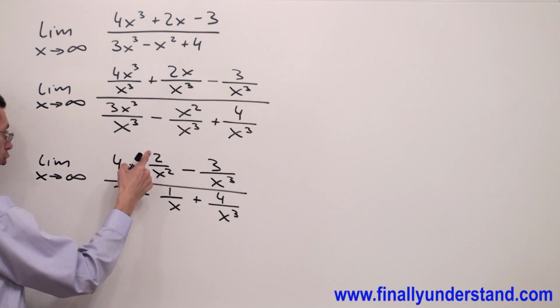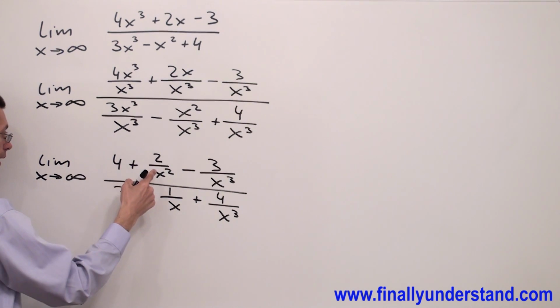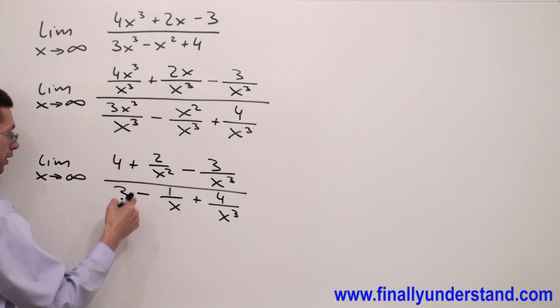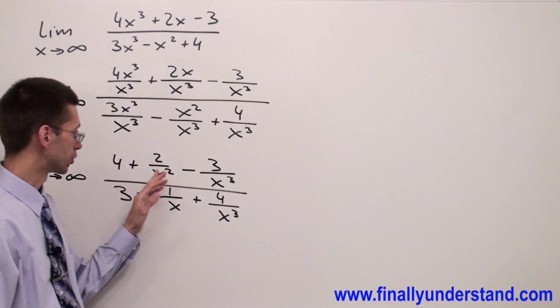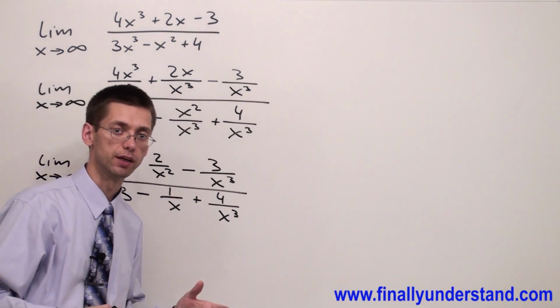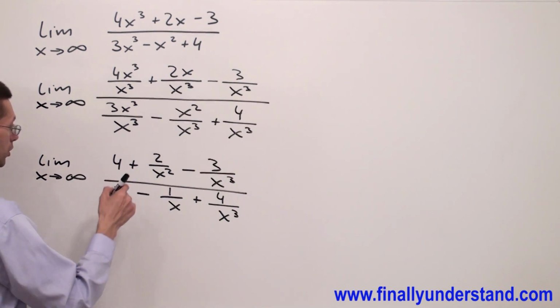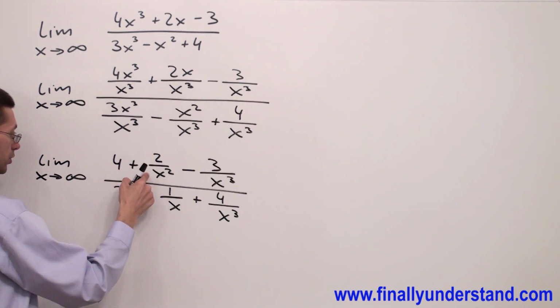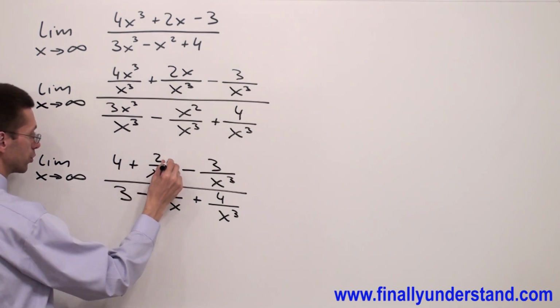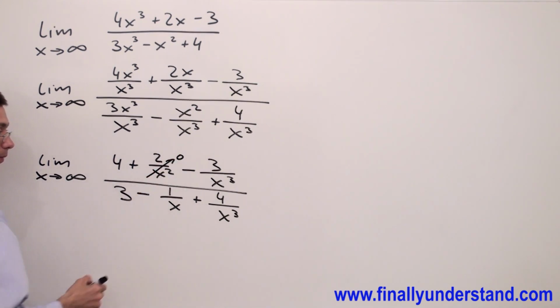Numerator is constant. My x is going to infinity. Infinity squared is an even bigger number. So this fraction is going to approach 0.